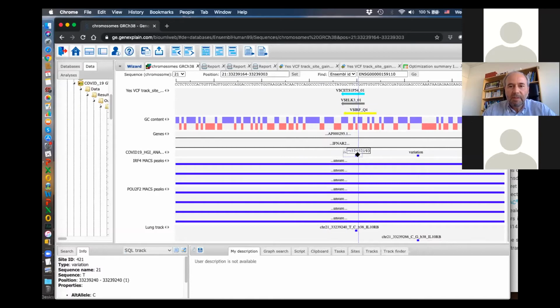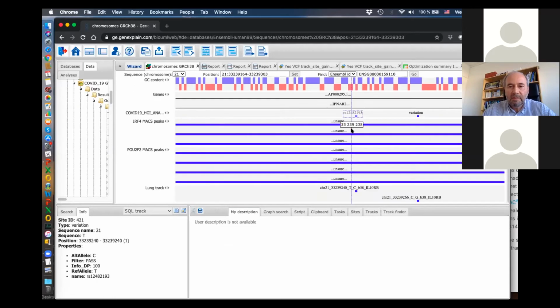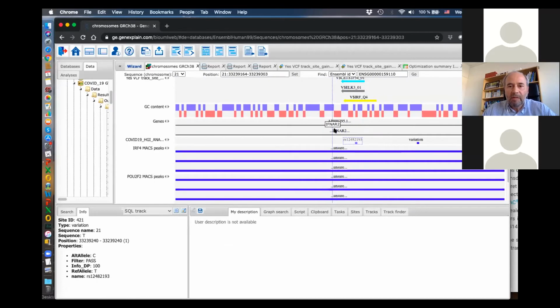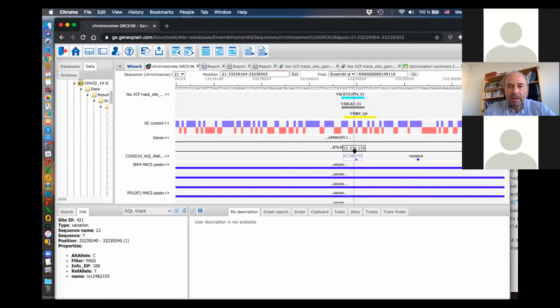So this SNP is identified as associated with COVID hospitalization, and it's located in an intron of the IRF receptor. And as we can see, this SNP changes T to C, so the reference allele is T, and its alternative allele is C. And when it's changed to C, it creates this IRF binding site.